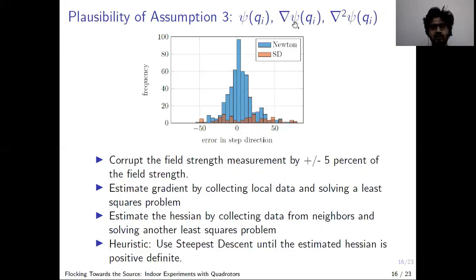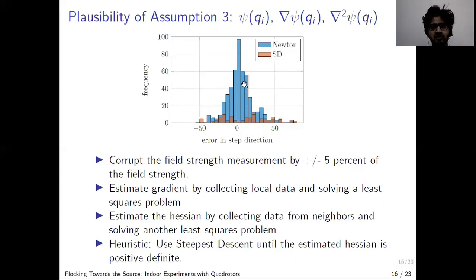Because the gradient and the Hessians are not available, we solved two small least squares problems on board and got these estimates. We used a heuristic here that whenever the estimated Hessian was not positive definite, we simply used the steepest descent direction.